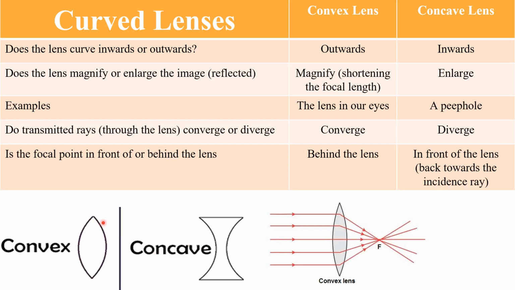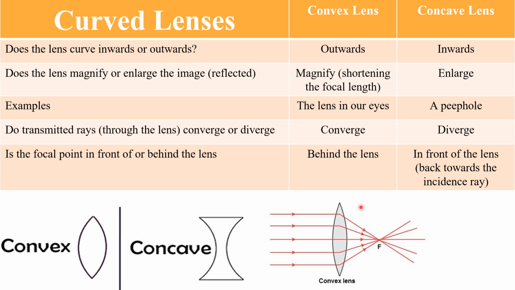So lenses. So a convex lens, fat in the middle, thin on the ends, as opposed to the concave lens, thin in the middle, fat on the ends. So when we have incident rays that are being this time transmitted through a convex lens, that will cause those rays to converge inwards onto a focal point. And if we think about the lens in your eyes, hopefully that's at the back of the eye on the retina.